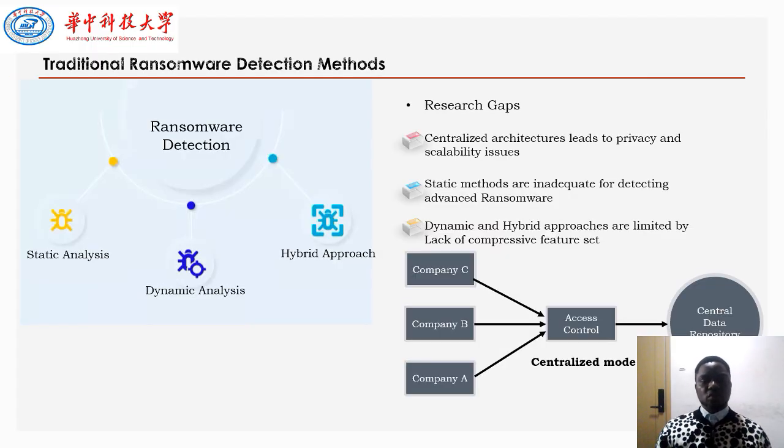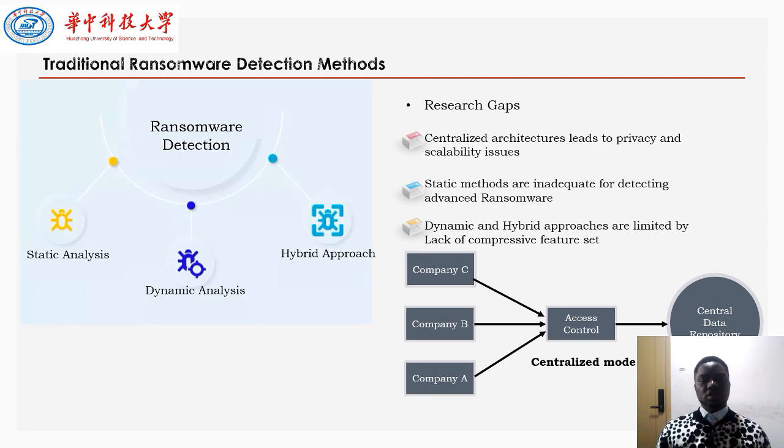Okay, so we look at the traditional ransomware detection approaches, just as we have introduced: the static analysis, dynamic, and hybrid. Now we have said also that the static analysis is like a signature-based approach that compares the database with known signatures.